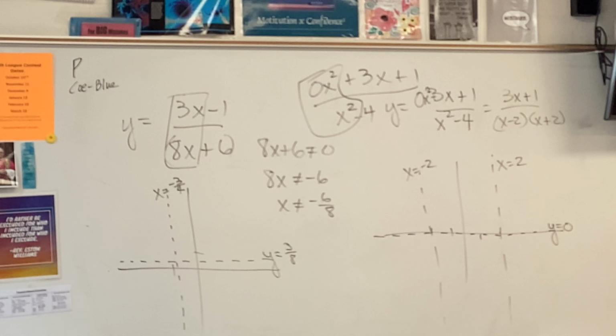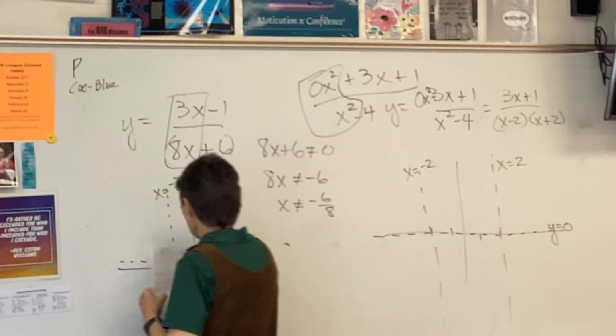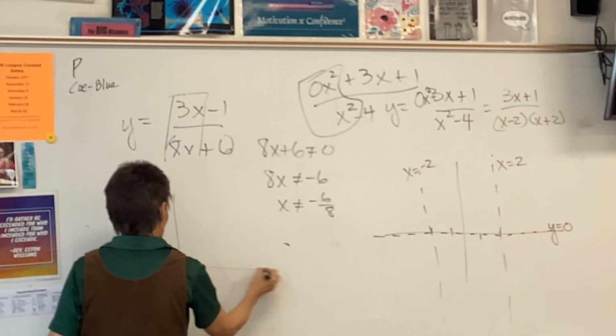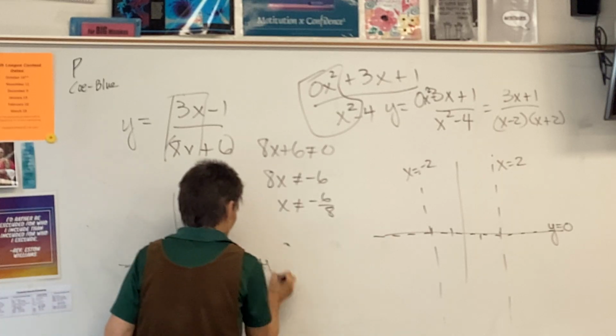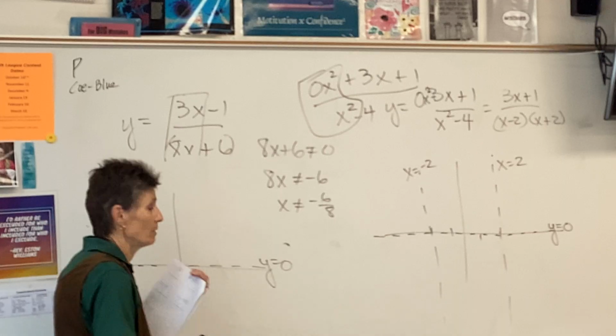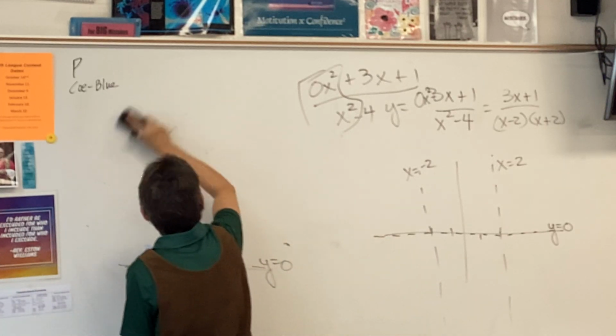So for problem F, the horizontal asymptote is y equals 0. What about the vertical asymptotes for problem F?